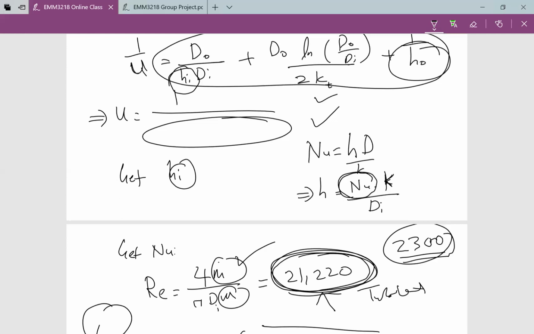I think all the correlations can be used. If we look at the equations, I would say the first one is the easiest, because the second one needs the ratio of mu, and the third one needs the f. So let's stick with the easiest one.